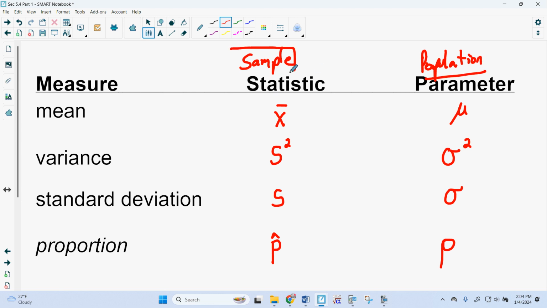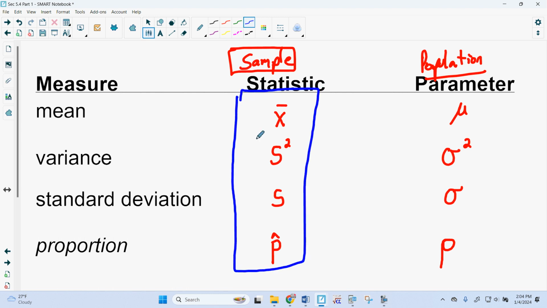The sample statistics, these values right here, we can find by taking a sample. But what we want to talk about is how we can use those to predict something about the whole population. So that's where we're going.